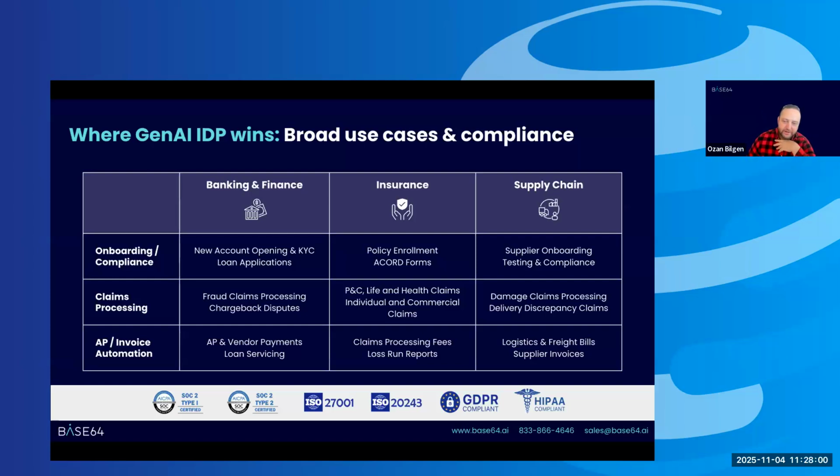So with GenAI, one of the biggest promises is there's no template approach, right? And you want to look into now where the GenAI-powered IDP really shines, through real-life use cases. As you see on the screen, banking, finance, insurance, supply chain, those are the sectors that deal with enormous volumes of complex regulated documents.